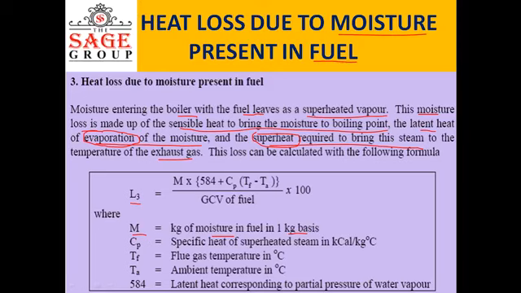Cp is the specific heat of superheated steam. Tf is the flue gas temperature. Ta is the ambient air temperature, and 584 is the latent heat corresponding to partial pressure of water vapor. So by using this formula, we can calculate the loss L3, which is the heat loss due to moisture.